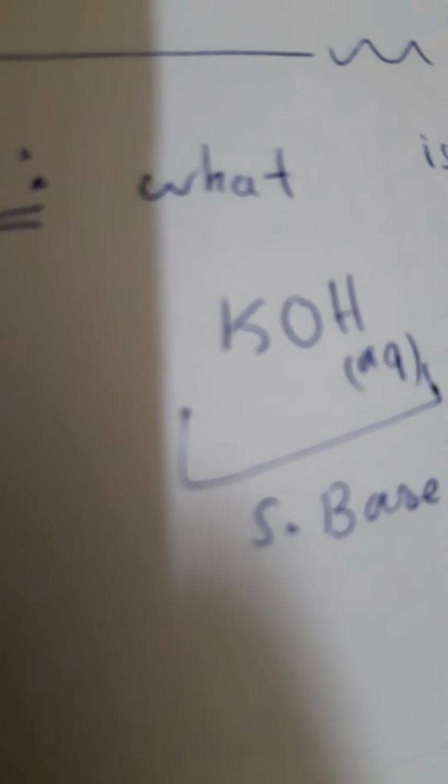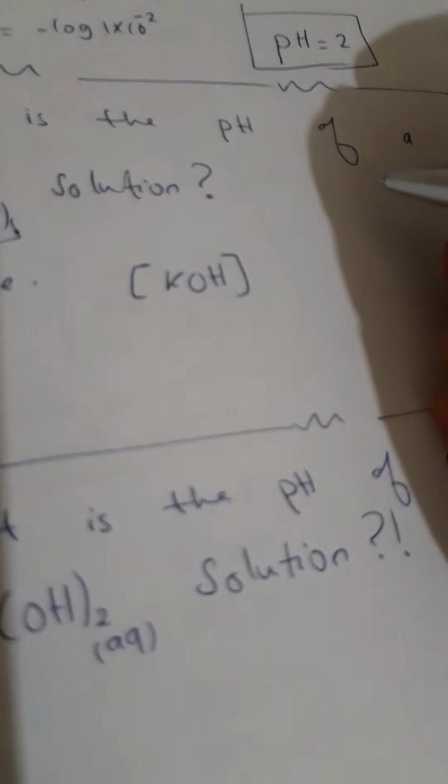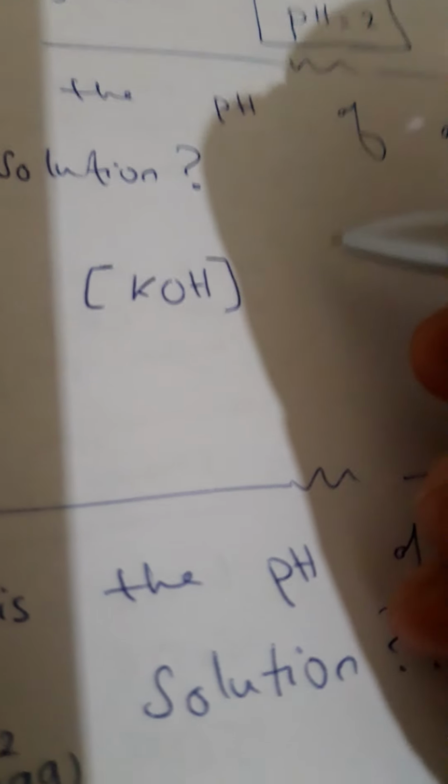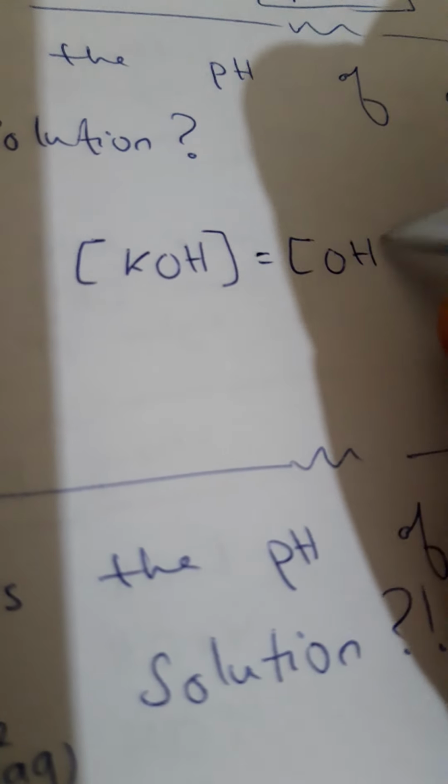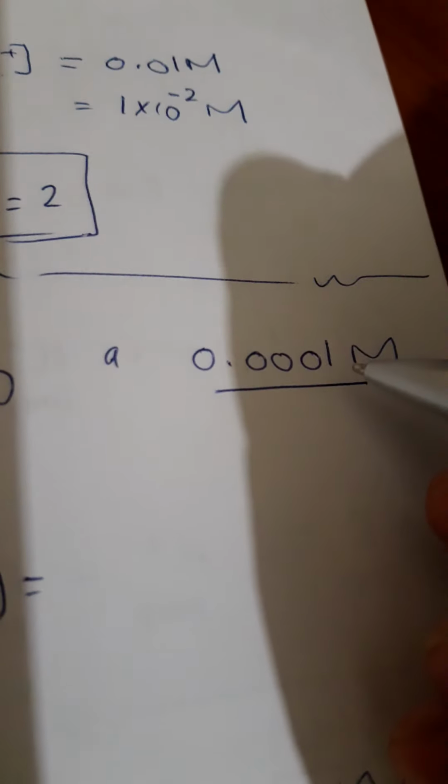So again, the concentration of KOH is the same as the concentration of hydroxide ion, which equals 0.0001 molarity.